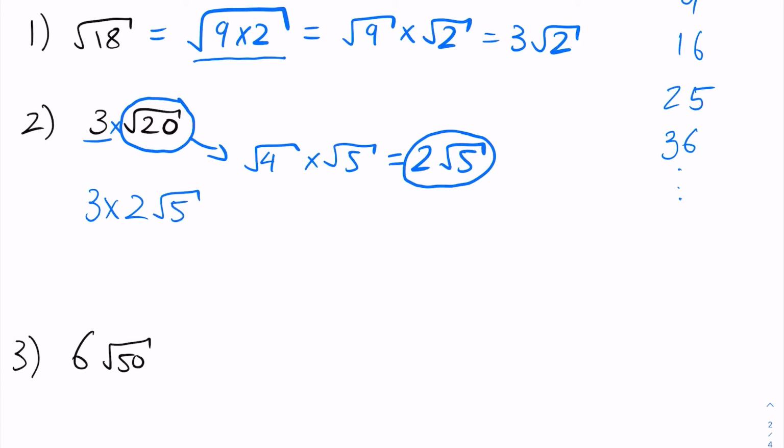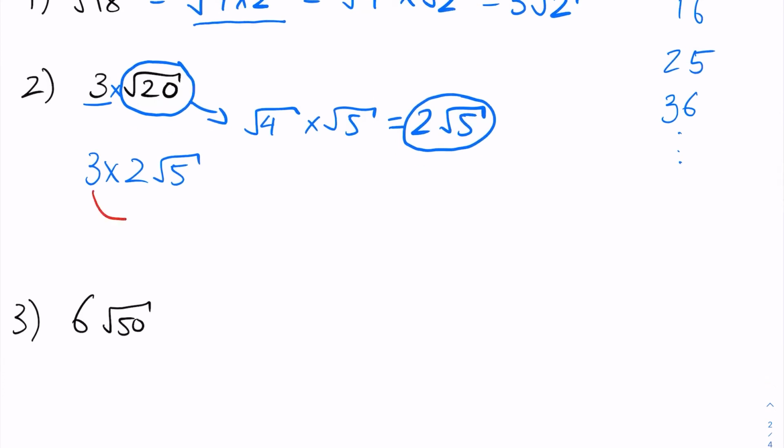And I've seen a lot of confusion at this point here with some students. Now, when you have 3 times 2 root 5, such as this, I've seen a lot of people try to multiply the 3 with the 5 and the 2, okay? Well, the way of thinking about it, you currently have 2 root 5s here. You have 2 lots of root 5, and you're multiplying those by 3. So you have 3 lots of 2 lots of root 5, which is going to give you 6 lots of root 5.